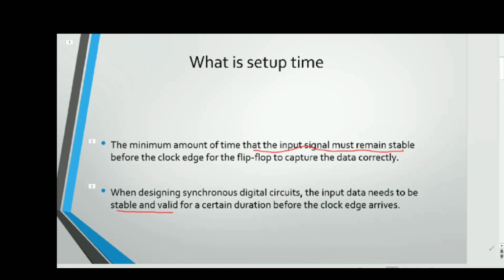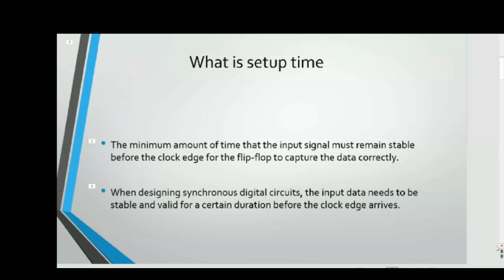So setup time is the amount of time the data needs to be stable before the active edge of the clock. Similarly, in our real-time example, the passengers need to arrive at the railway station 5 minutes before the arrival of the train to catch the train properly, right?